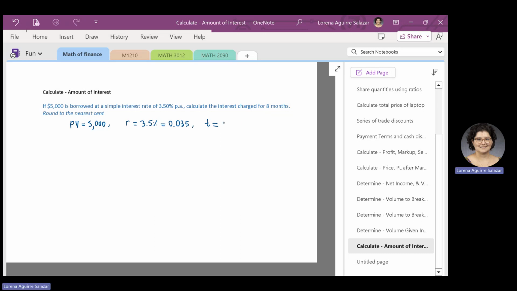In this case, we have 8 months. That's T. And because the simple interest rate is expressed per year, we want to rewrite those 8 months in terms of years. So we have 8 over 12 years.